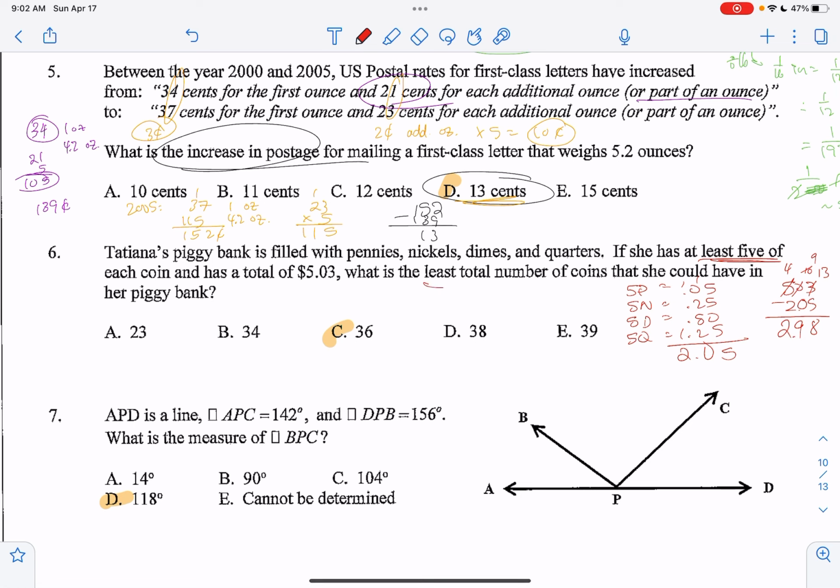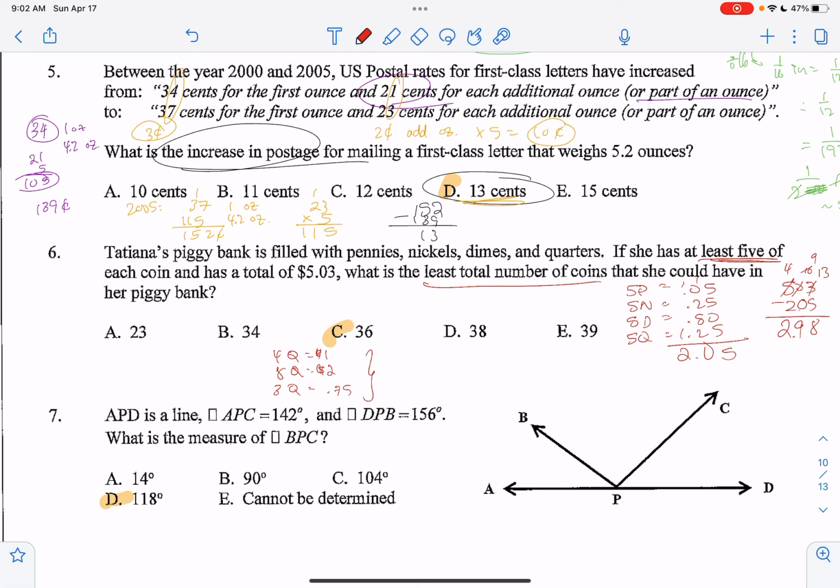And you want the least number of coins that she can have. So therefore you want as many quarters as possible. So for $2.98, 4 quarters is equal to $1. So 8 quarters will be equal to $2. And you have another 3 quarters for another 75 cents.